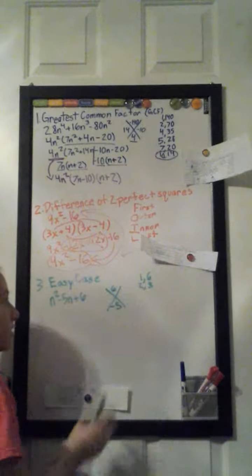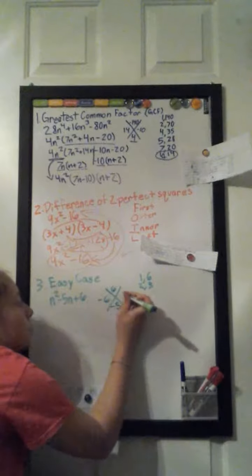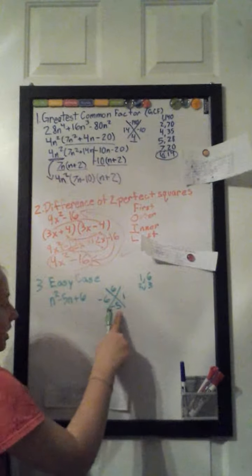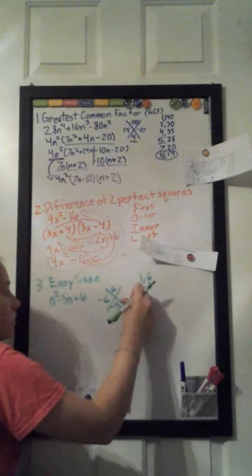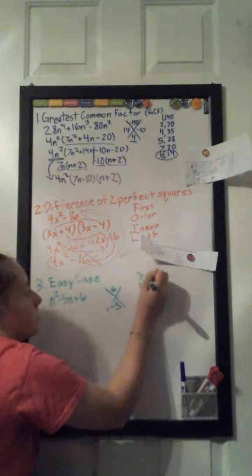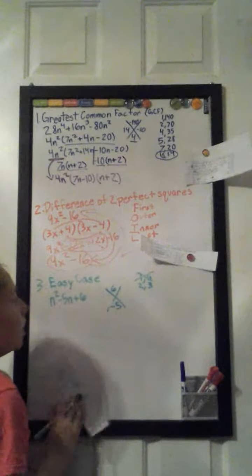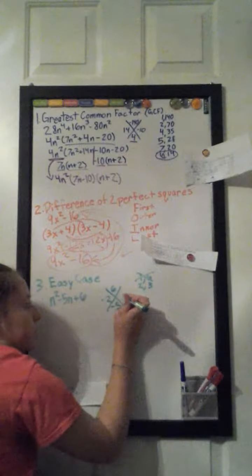Negative 6 and 1 add to negative 5, but they multiply to negative 6, so negative 6 and 1 do not work. So don't deal with those anymore.